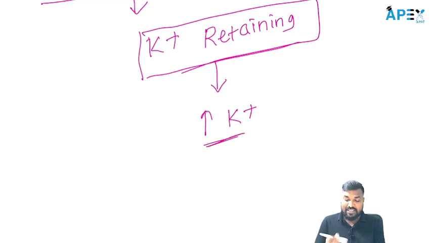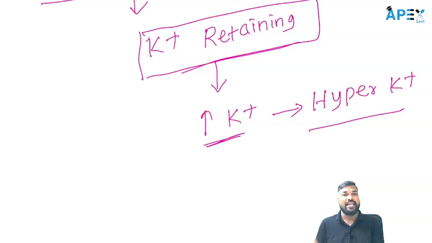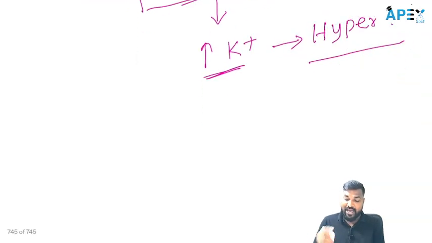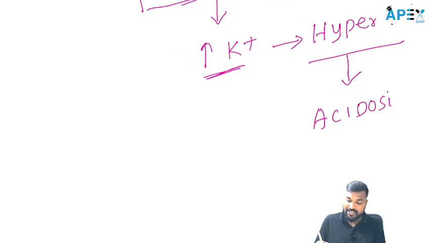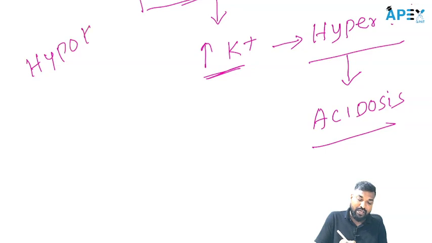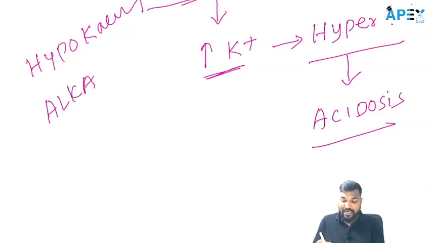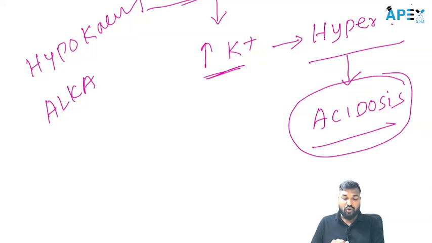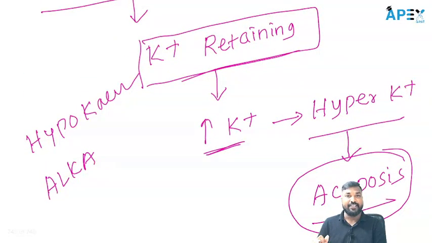If the potassium levels are increasing, what will you get? Hyperkalemia. So hyperkalemia means acidosis or alkalosis? Very good answer. That is acidosis. Because we know hypokalemia, loss of potassium, is alkalosis. Hyperkalemia is acidosis. So potassium sparing diuretics cause acidosis.